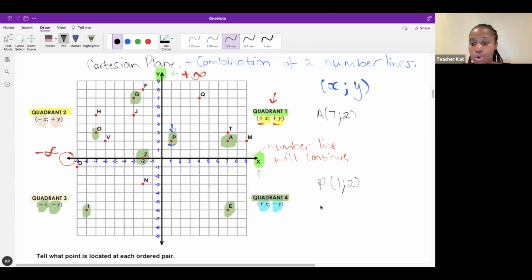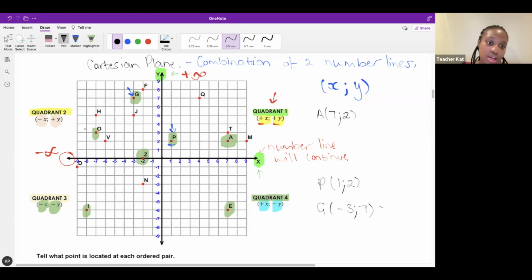Let's move on to the coordinates of G. Coordinates of G for me, please. G is up here. Nice, Seth. X coordinate 1, 2, 3, but it's on the negative side of X, so that's negative 3. And for Y, it's 1, 2, 3, 4, 5, 6, and 7.